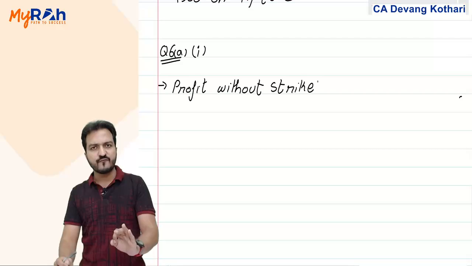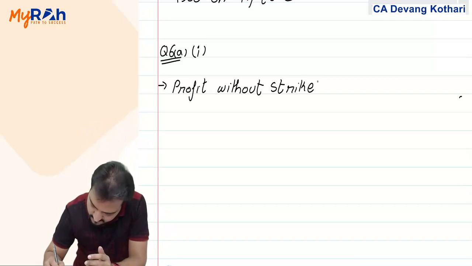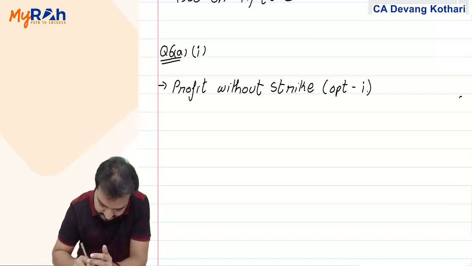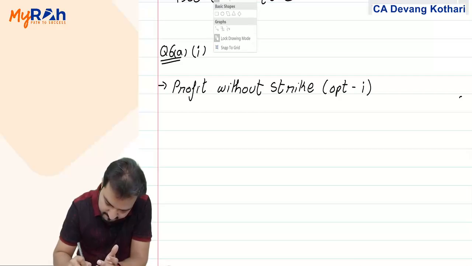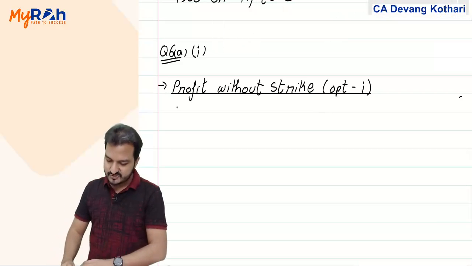Don't allow them to go for strike. Agree whatever demand they are giving. Profit without strike, that is option 1. So in that case, what will be my profit?